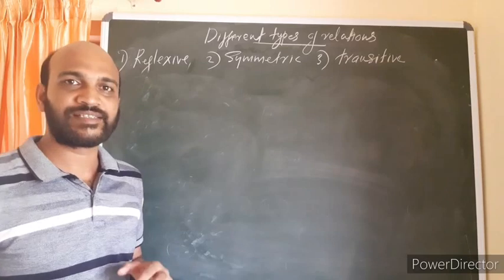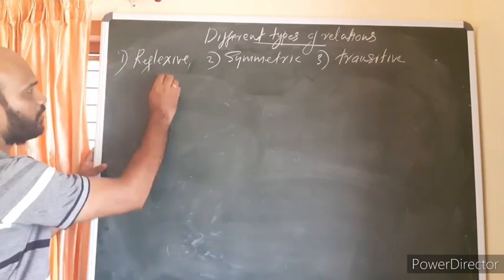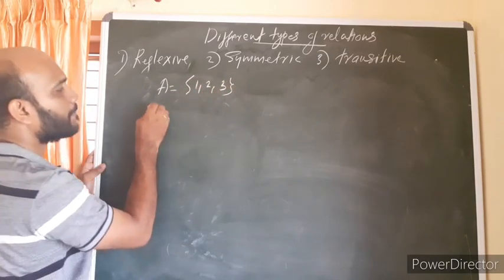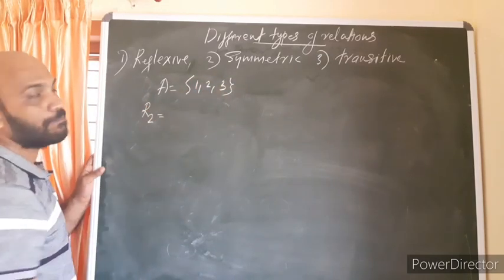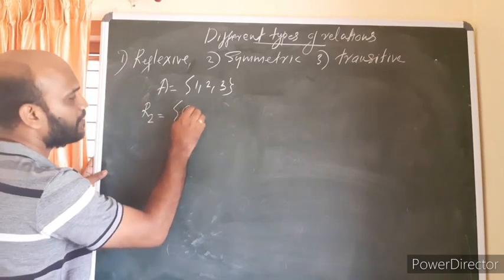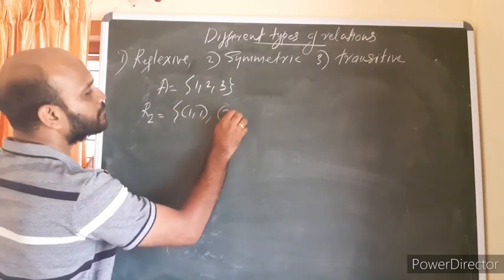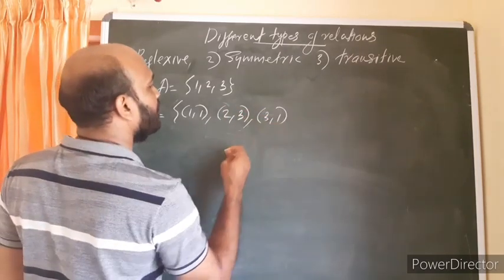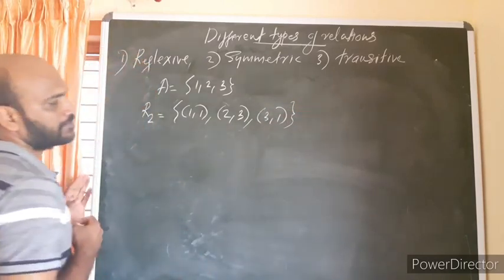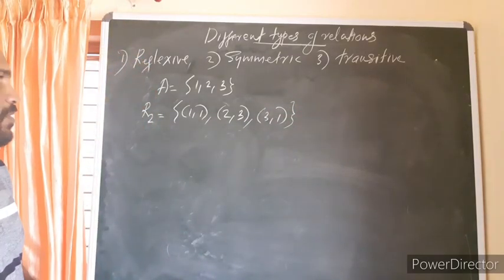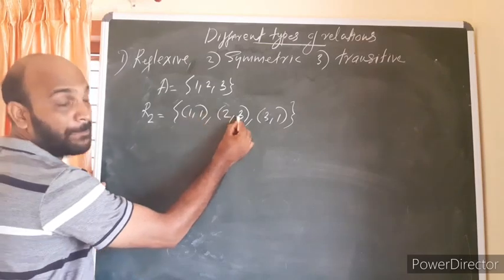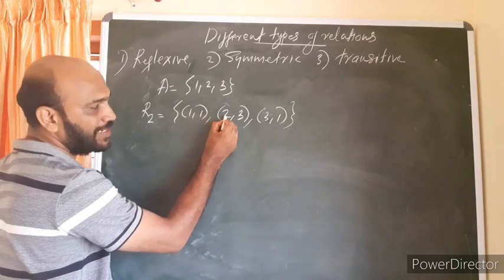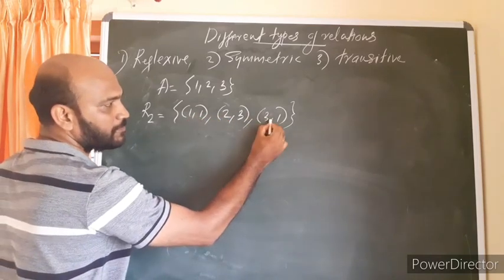Okay. Now take a second example for transitive relation. Let A equal to a set containing 3 elements and R2 be a relation defined as 1, 1, 2, 3, 3, 1. Just check whether R2 is transitive or not. We cannot combine the first two because the y coordinate of the first ordered pair is not equal to the x coordinate of the second.